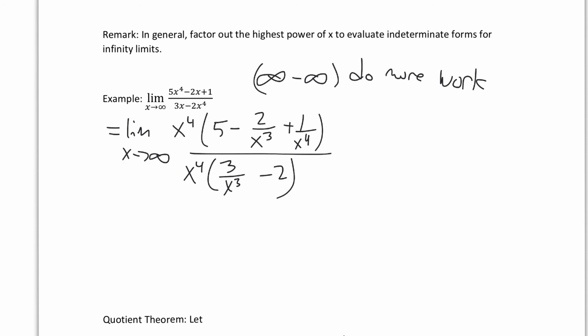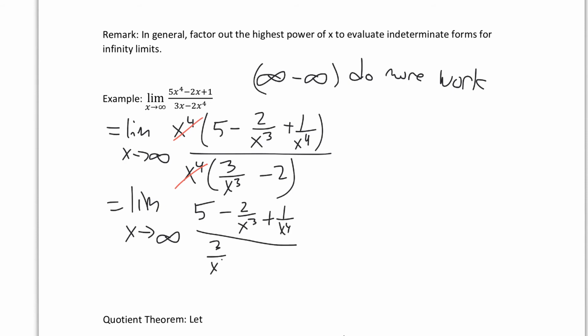And the work we can do in this case is we can also cancel out these x to the 4s. It's going to be quite interesting what happens when those cancel. So now we have the limit as x approaches infinity of 5 minus 2 over x cubed plus 1 over x to the 4 all over 3 over x cubed minus 2.